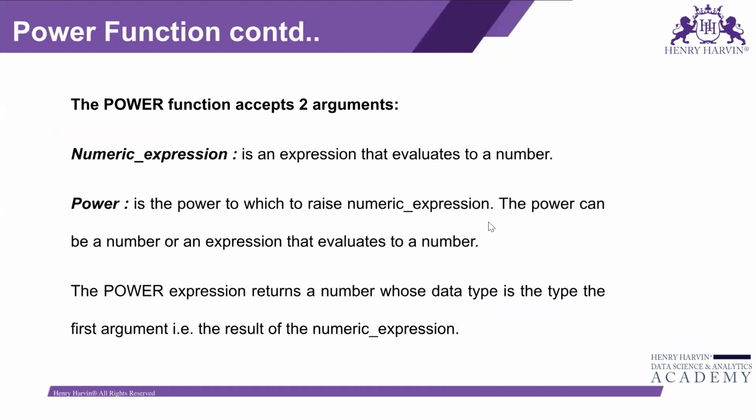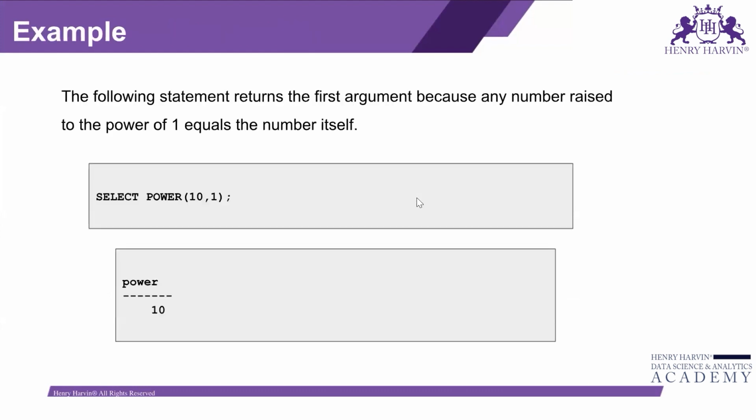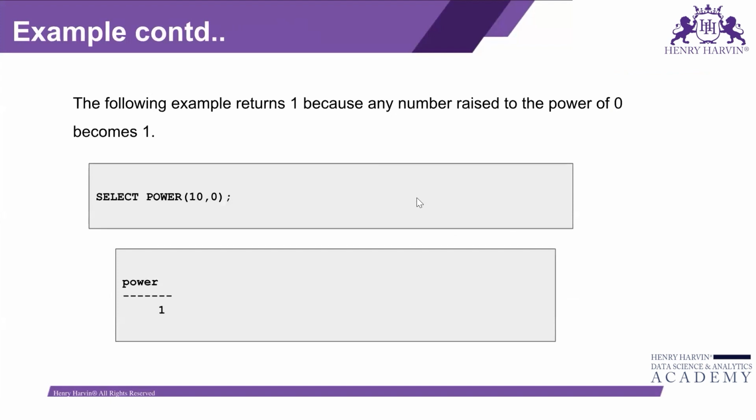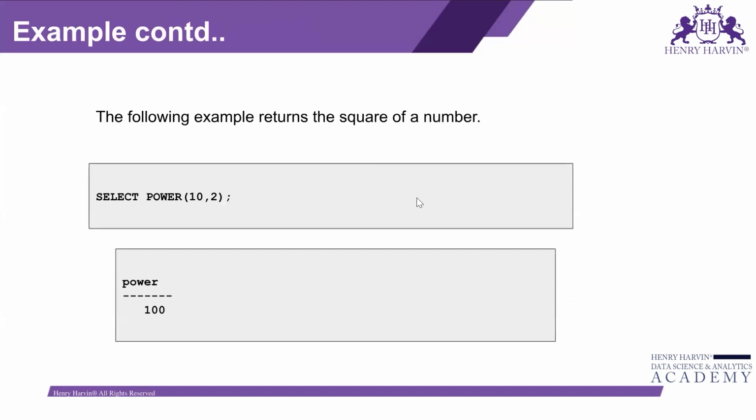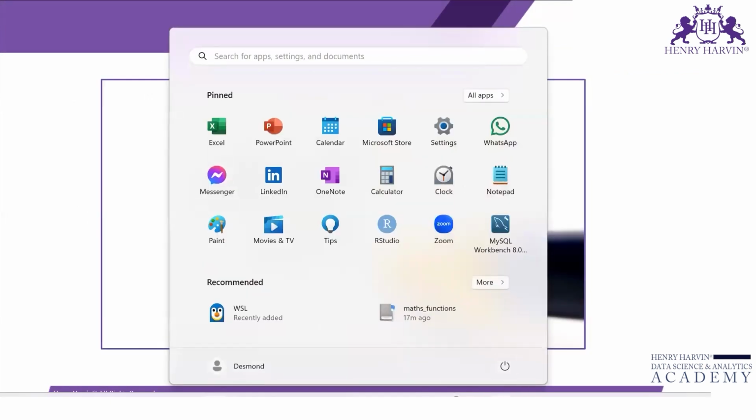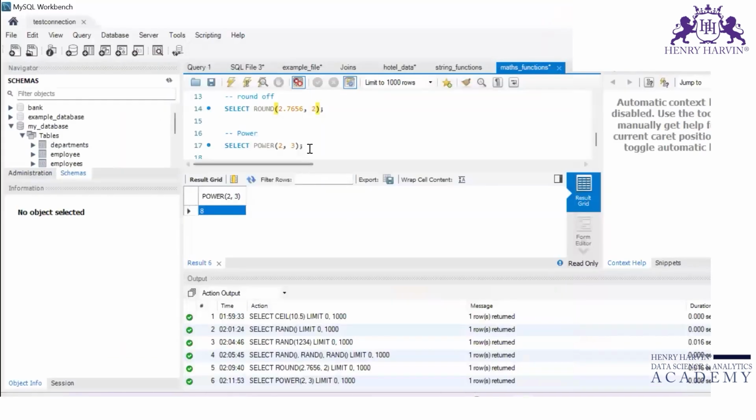After the power function, that brings us to the end. But of course, there are still some other functions that we can look at. Those are not the only ones. We have other functions like the absolute function.